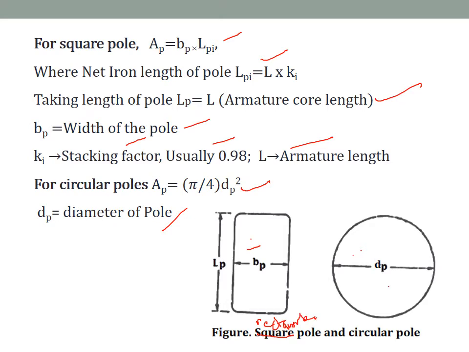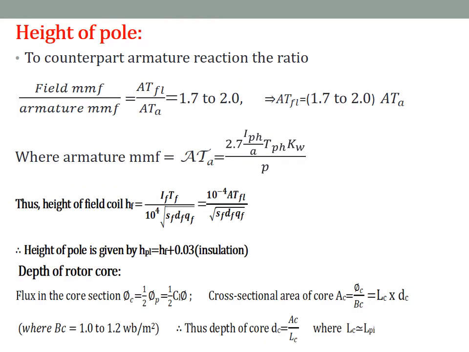This is circular pole. Now to find out height of the pole, this derivation we have already discussed in DC machine. To counter armature reaction, the ratio ATfl by ATa should be 1.7 to 2. So this implies ATfl is equal to 1.7 to 2 times ATa. ATa is found out using this basic equation.